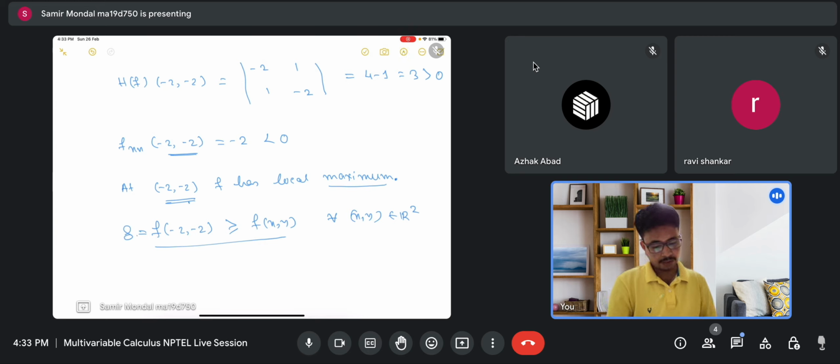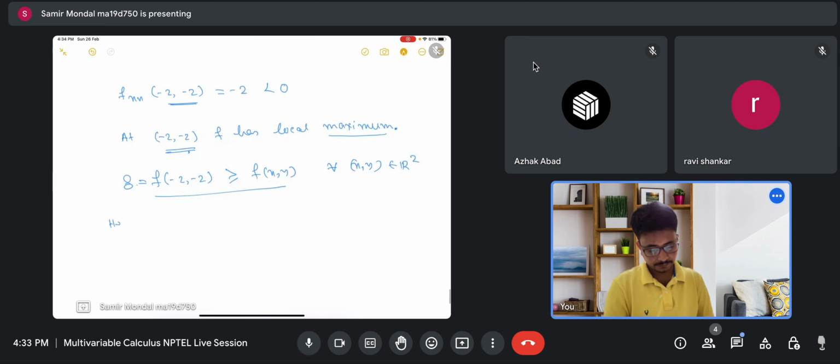So this point is also your absolute maximum. So f has an absolute maximum. Understood or not, please tell me.